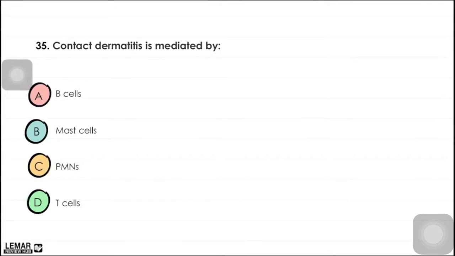Contact dermatitis is mediated by letter A, B cells, B, mast cells, C, PMNs, D, T cells. So, remember, contact dermatitis is an example of a cell-mediated hypersensitivity reaction.